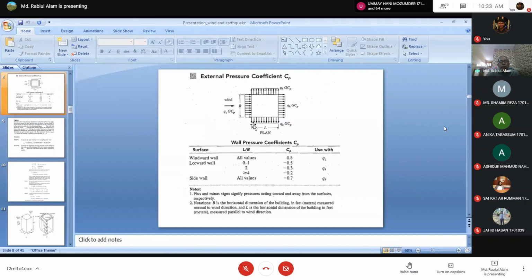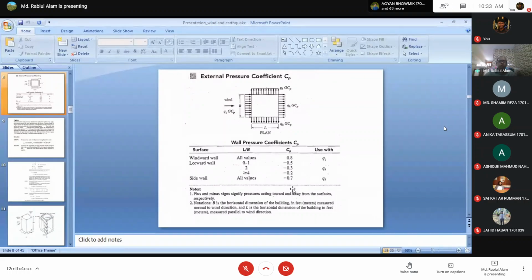It depends on the L by B ratio. L is the length of the building along the wind direction, and B is the width of the building perpendicular to the wind direction. First you have to find the L by B ratio, and using that ratio you fix the pressure coefficient for the leeward side.